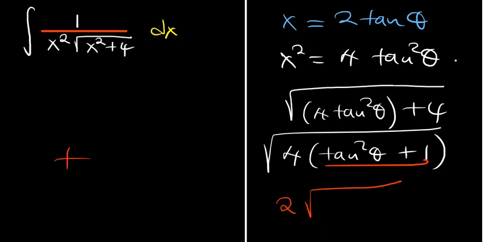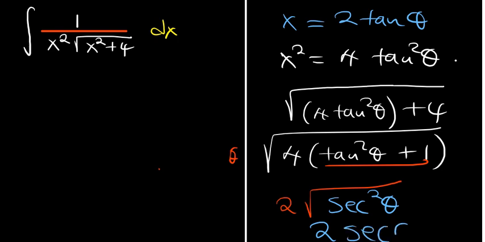This comes in a scenario where you divide by cosine squared of theta, so it's equal to secant squared of theta. And of course for the sake of this indefinite integral, we just consider the positive result, so we just have 2 secant of theta.